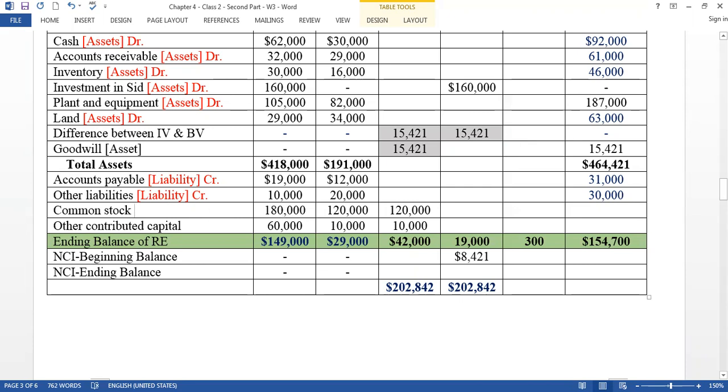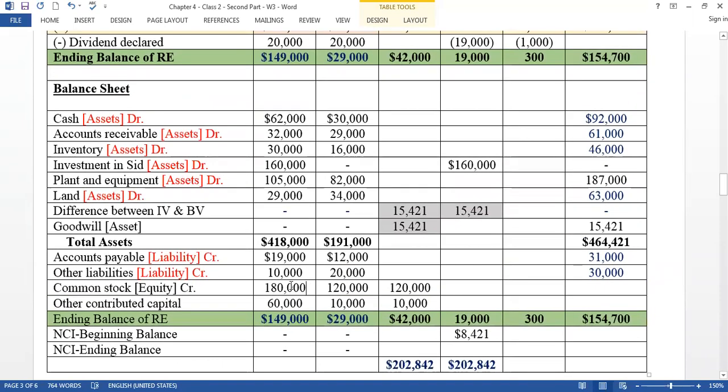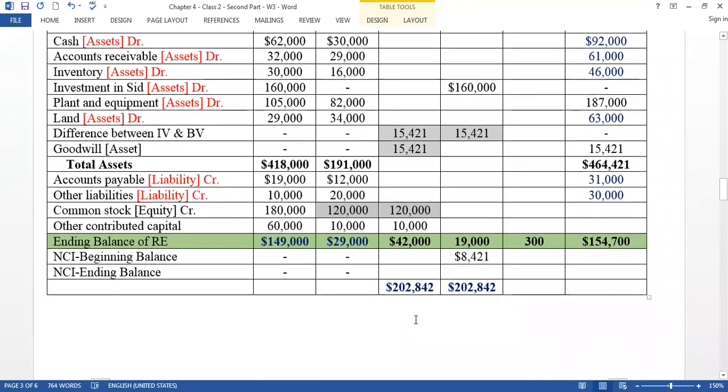This is an equity account, you know that common stock is equity, and we know that normal balance is credit. Now the parent company's common stock credit, subsidiary company's common stock credit, and 120,000 elimination, sorry, debit. These 2 accounts are debit and credit. 120,000 credit, then we eliminate this debit, so it is 0.